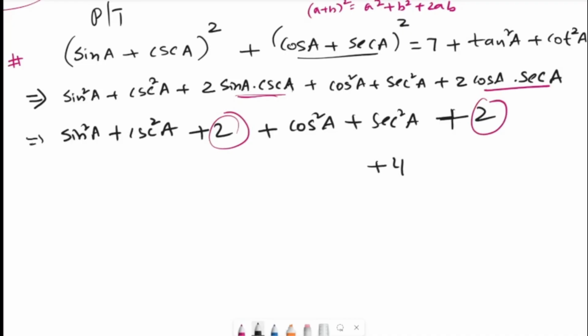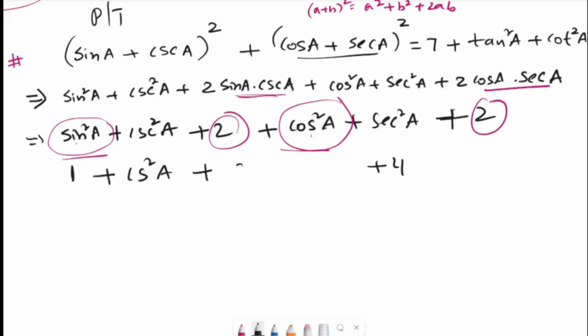Now look closely: sin square A plus cos square A is 1. We'll write these two combined as 1. 1 plus, we are left with cosecant square A plus secant square A plus 4.